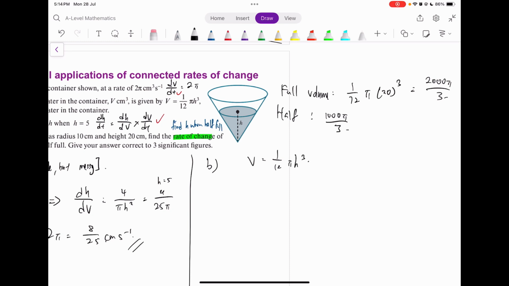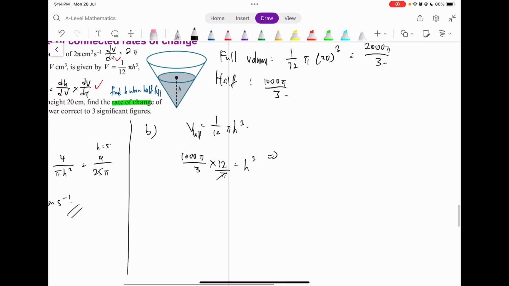So 1000 pi over 3 equals, I'm just going to multiply by 12 and divide by pi, then we've got h cube. This 2 cancels out, this becomes the cube root of 4,000 equals h, which is approximately 15.874. So now we have the height of h when it is half full.